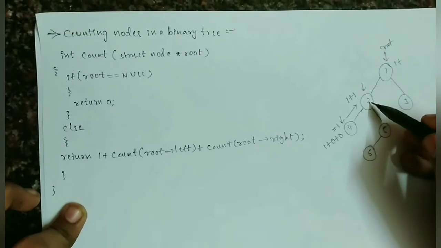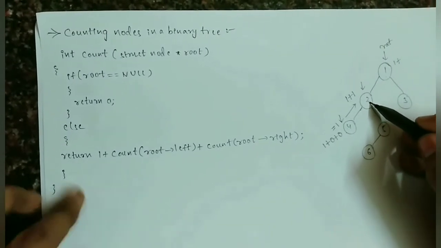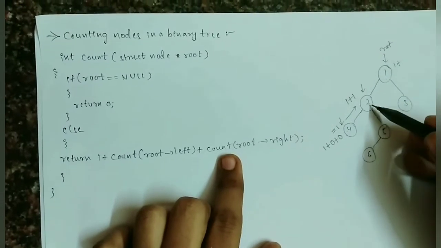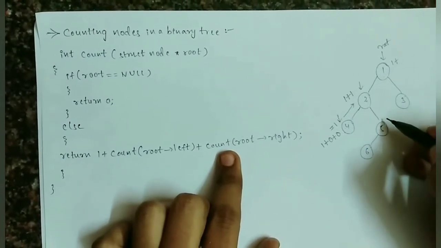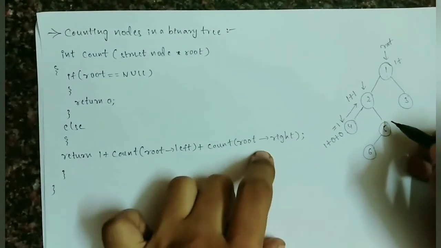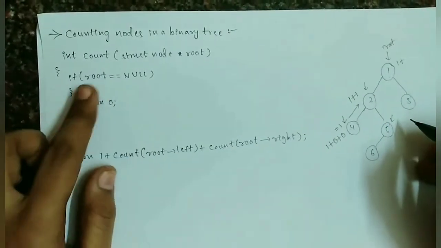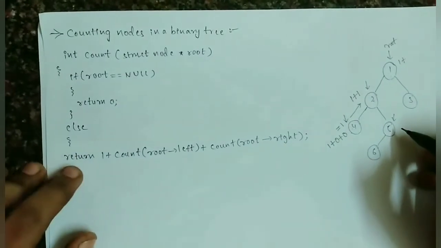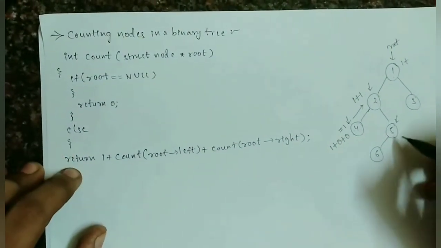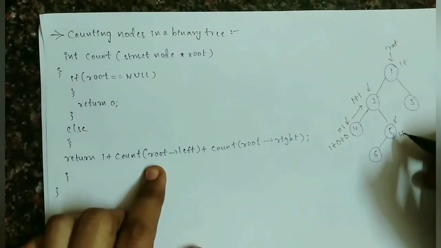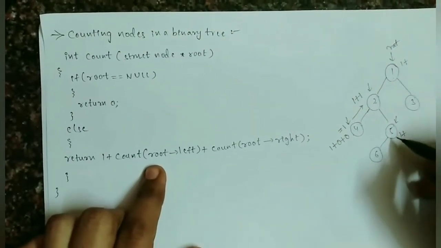Now node 2 checks the number of nodes in its right subtree. The root points to node 5, which is not equal to null, so it goes to the else part and returns a value, including itself, 1, and the count of nodes present on the left side.